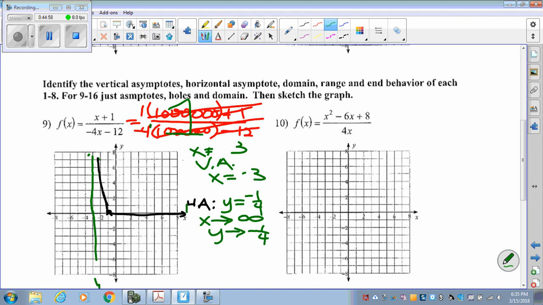And notice that happens to be the coefficients there. If your exponents are the same, x divided by x, your horizontal asymptote is going to be the coefficients, because these just divide out. And then over here, it's approaching, again, negative 1/4, but it would be down here. It's reflected. Those would be my points.